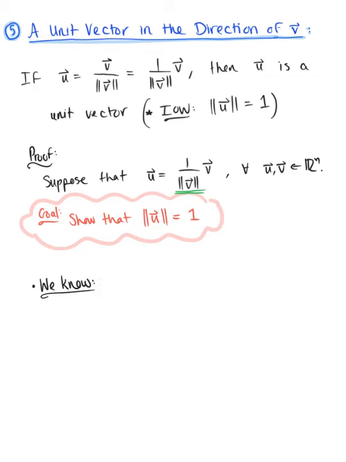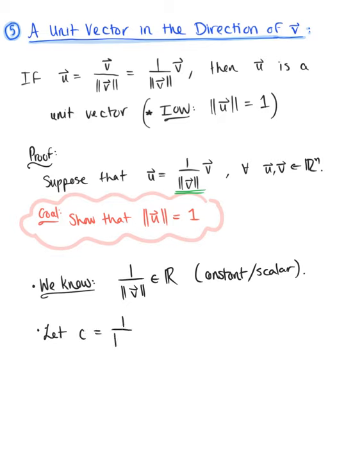We know that 1 over the magnitude of vector v is a real number. This is a constant or a scalar. They mean the same thing. So, for the sake of simplicity, let's go ahead and let c be this scalar 1 by the magnitude of vector v.